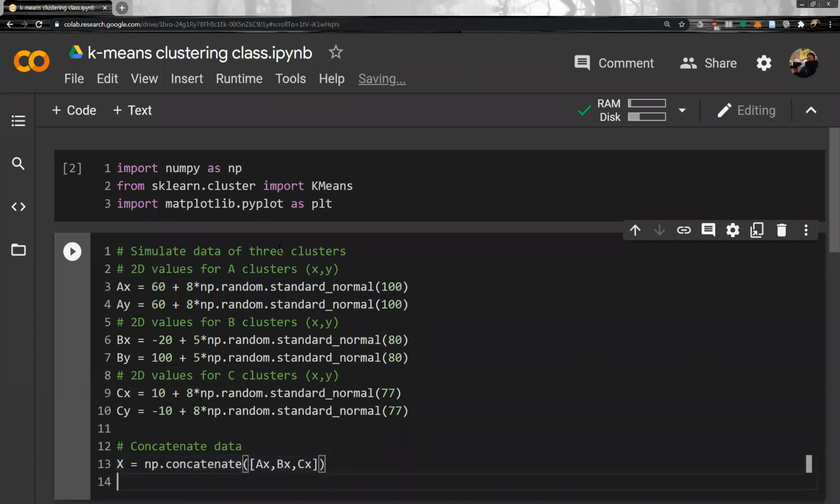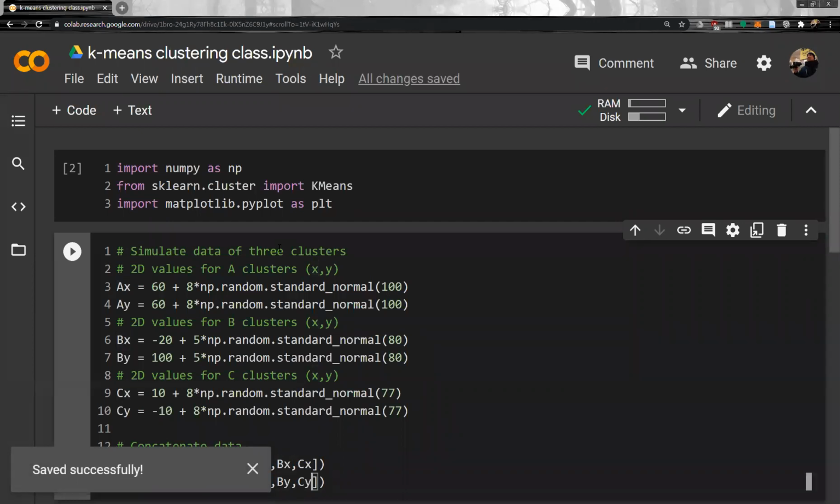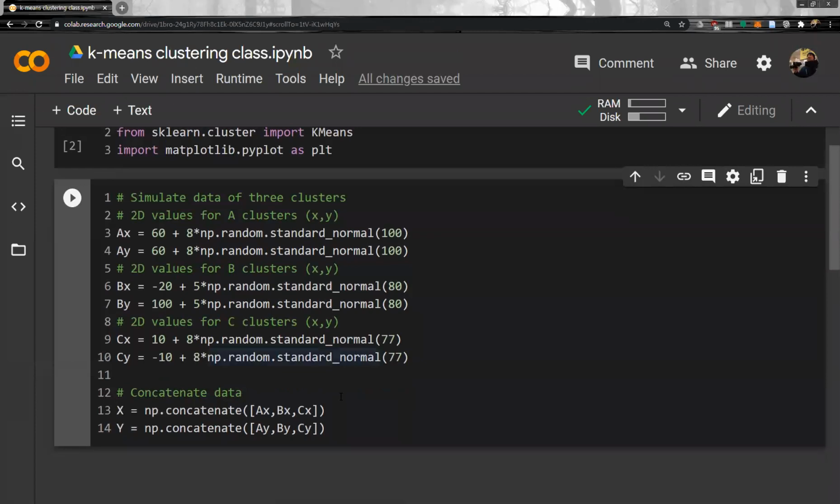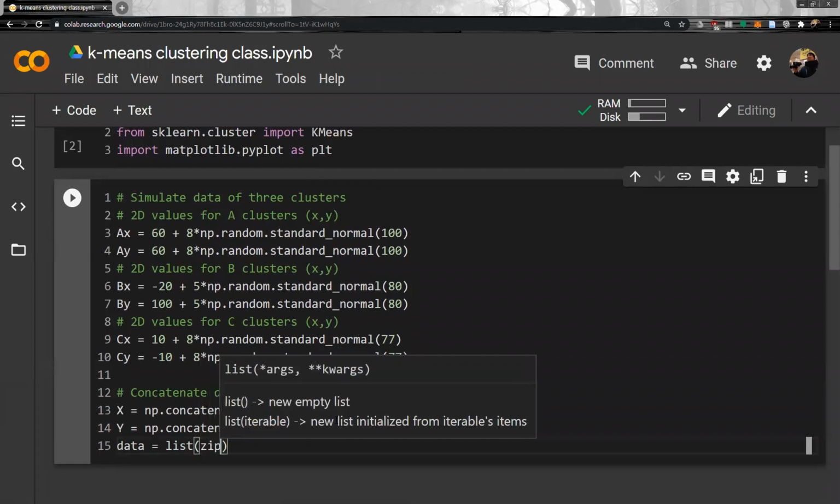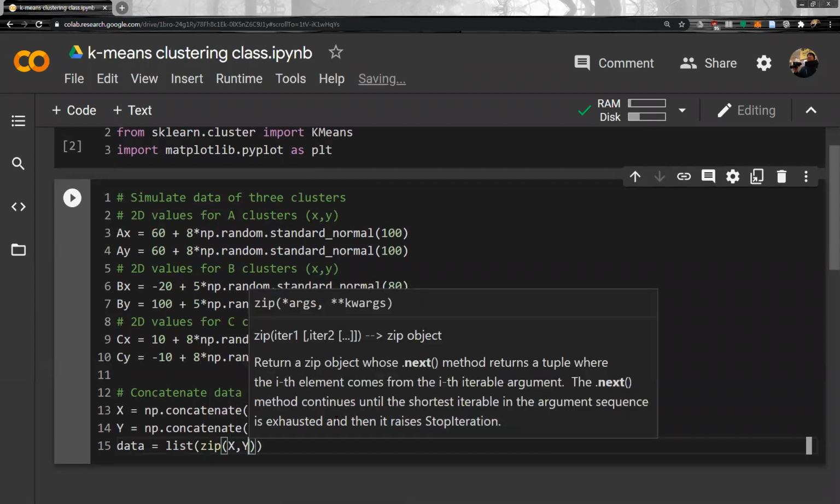And then similarly, we concatenate the y values. So AY, BY, CY. Okay, so save. And then let's generate the data now. Data is together, so zip of x and y.